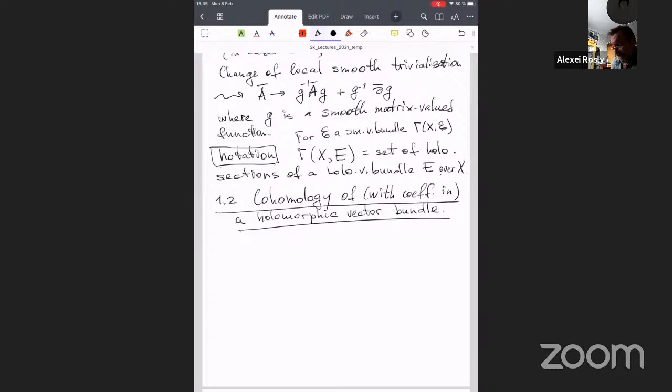So the nature of the space of sections depends on the second letter.